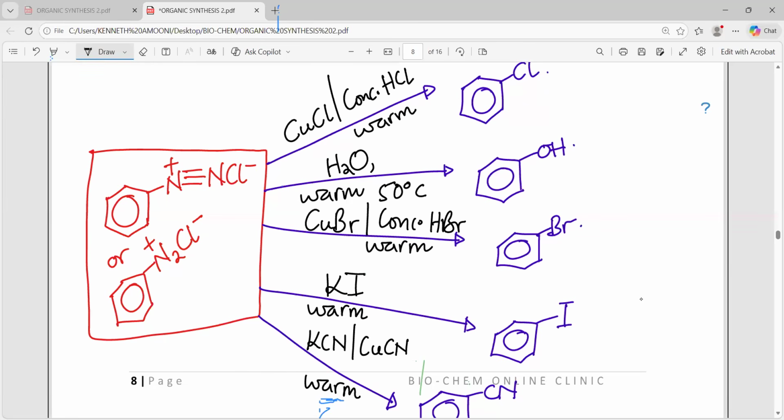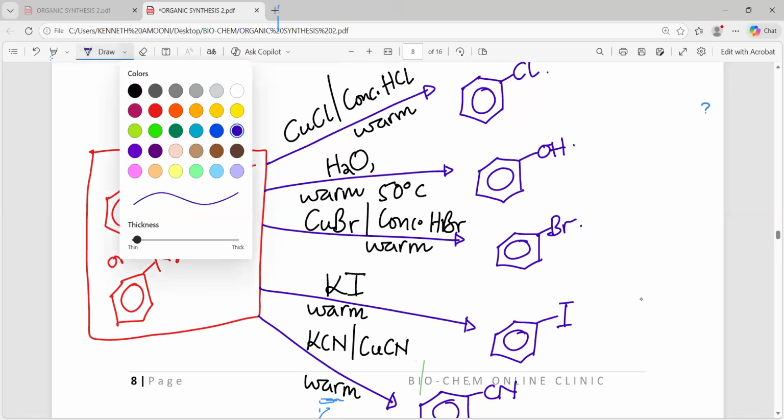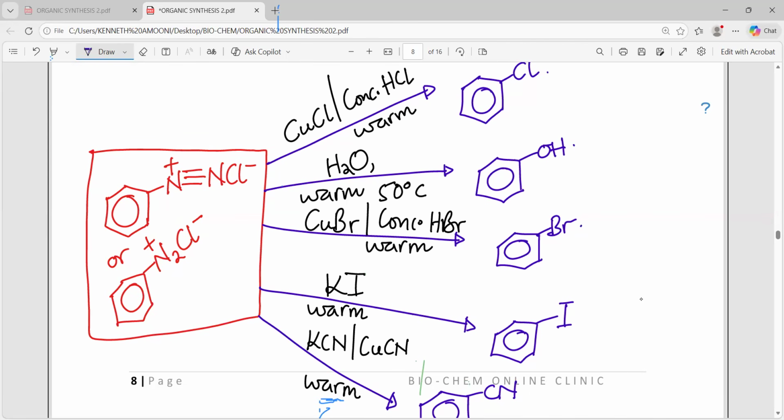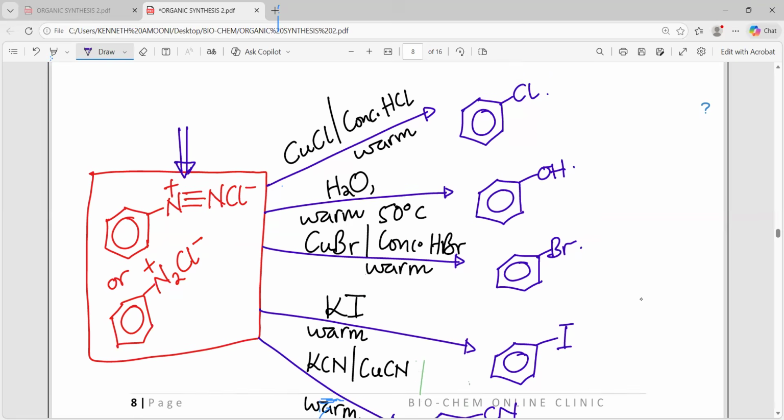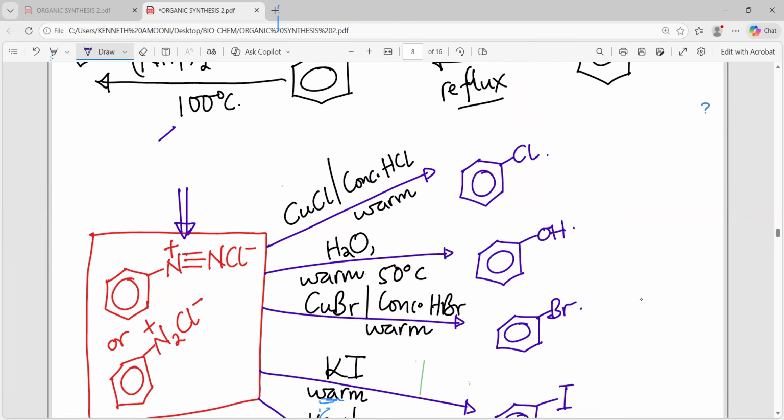But where does benzene diazonium chloride come from? The only way you can produce benzene diazonium chloride is from phenylamine. Which conditions?